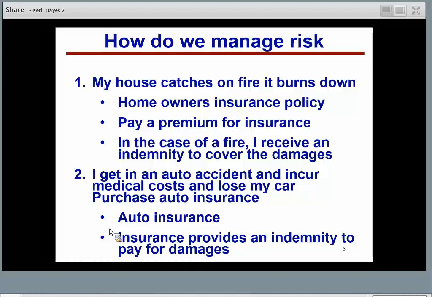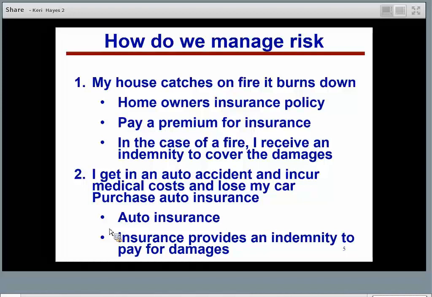Usually, so again, every month as part of a mortgage payment, you are paying part of that insurance. And then if a fire happens, you'll have what's called a deductible, where you'll pay, let's say, the first 1,000 or the first 5,000 of your damages, and then the insurance company picks up the rest of that, okay?